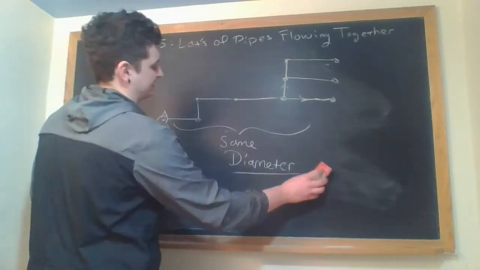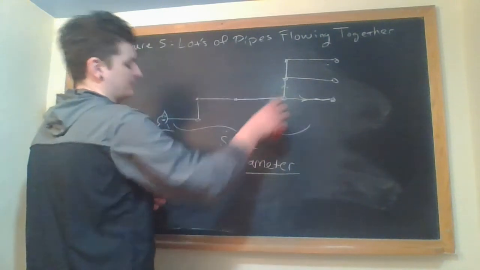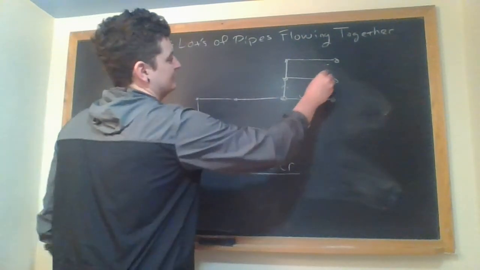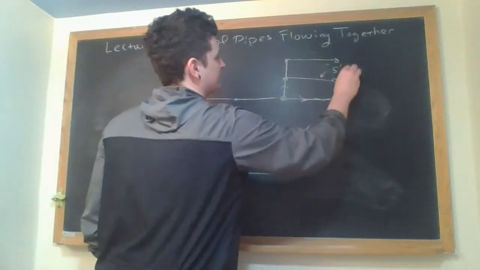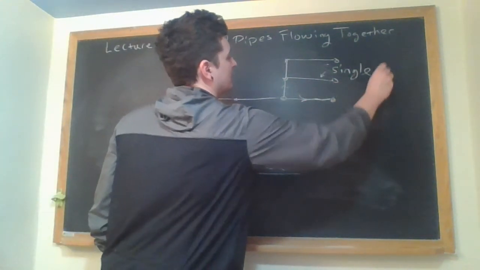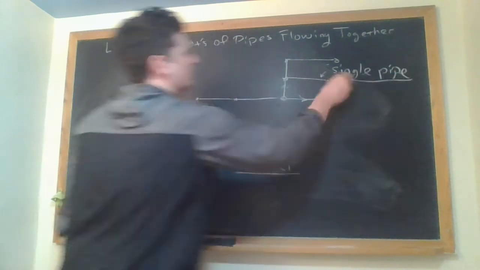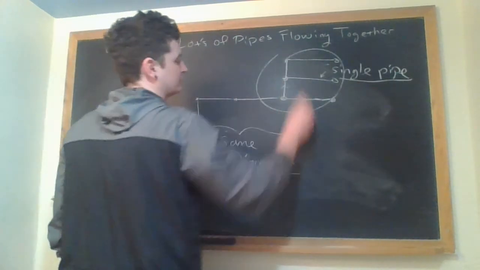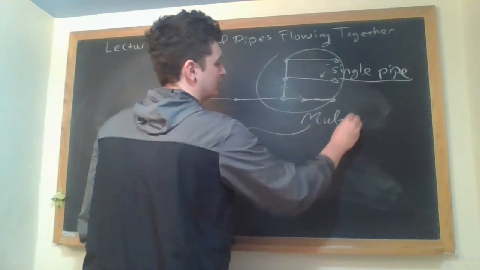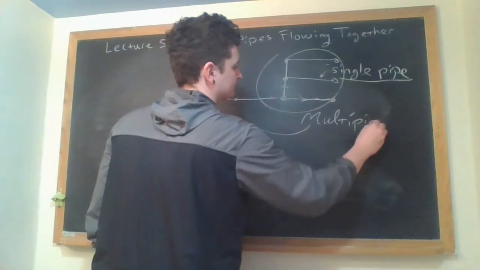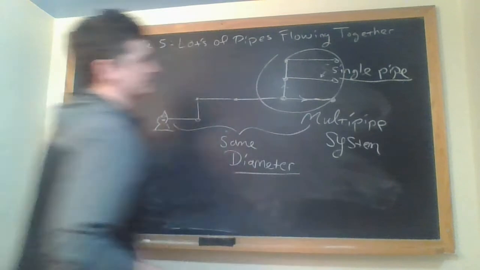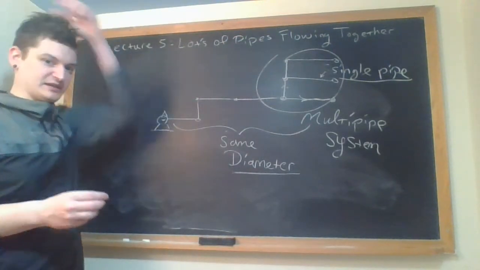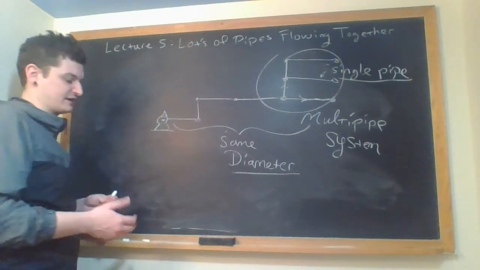So that's what we're going to head into. That's what this whole process is about: how do we extend these methods knowing just parts about the individual parts of the pipes. So this is a single pipe section, but we want to talk about this sort of multi-pipe system. How do I talk about losses when it comes to these multiple pipes flowing all at the same time?